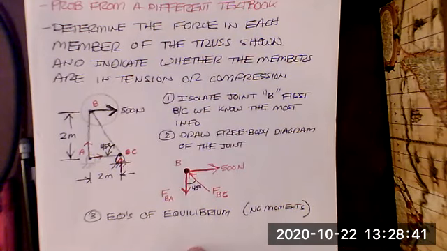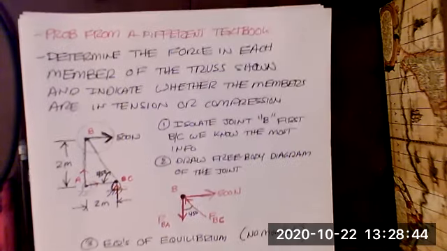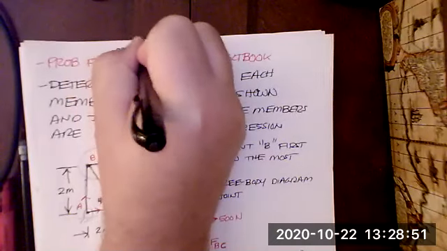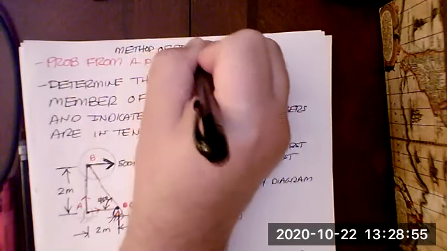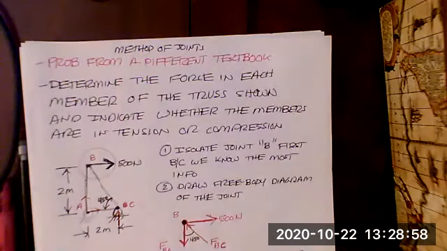By the way, I meant to tell you something here. I apologize, but this process that we're doing is called the method of joints. Method of joints. And it's in your textbook. Look up method of joints and read through that if you get a chance. And by the way, I posted like a 76-page PowerPoint that goes with this textbook that you can read through.